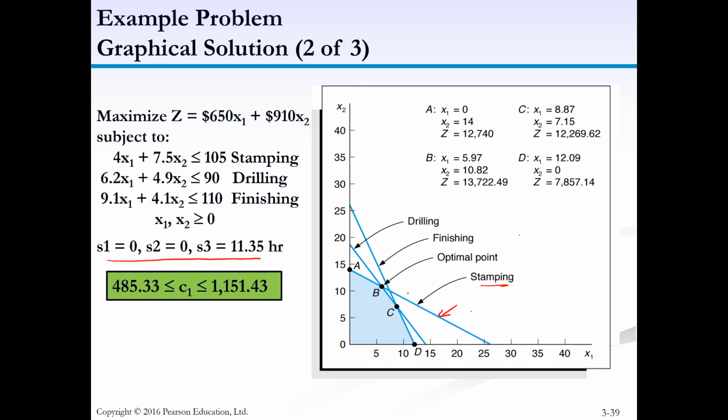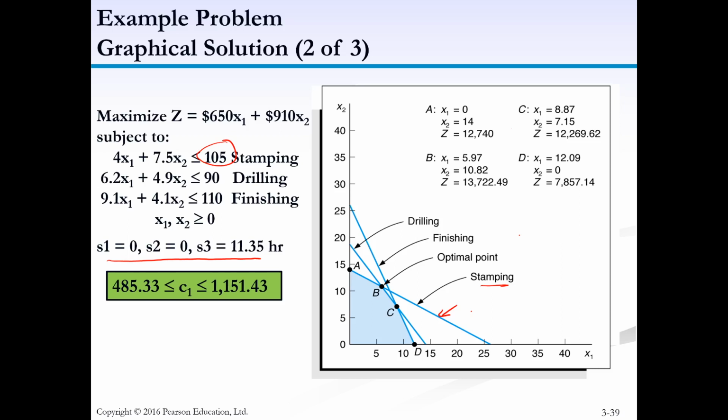So what I would like to see is how much this stamping right hand side, which is at the moment 105, changes such that the solution variable mix, which means that x1 and x2 have some positive value, S1 and S2 are 0, and S3 has some positive value, remains the same, or the shadow prices of these constraints stay the same. We would like to see that range.